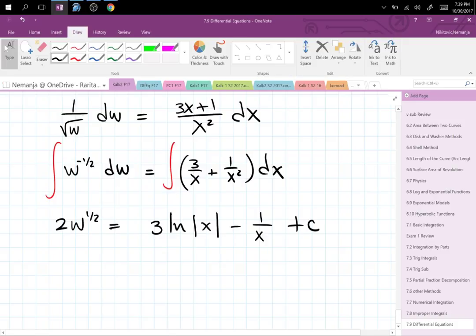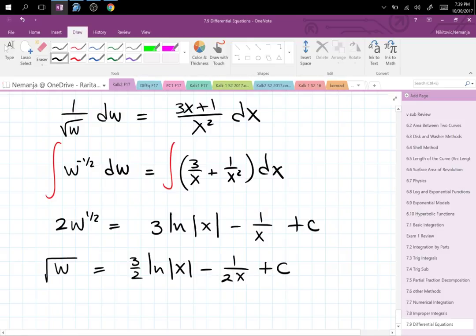So now, we're supposed to divide everywhere by 2 and then square both sides. So the square root of w is equal to 3/2 ln absolute x minus 1 over 2x, and I'm still going to use plus c because this gets absorbed.